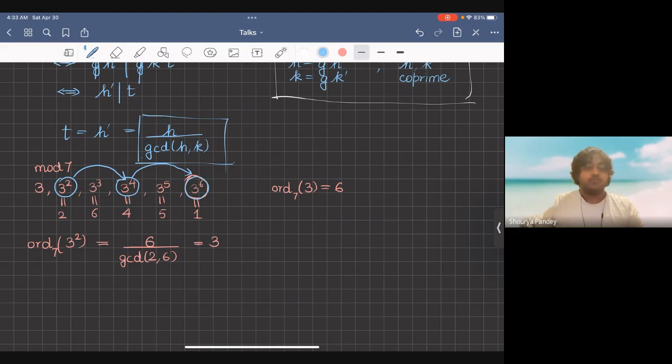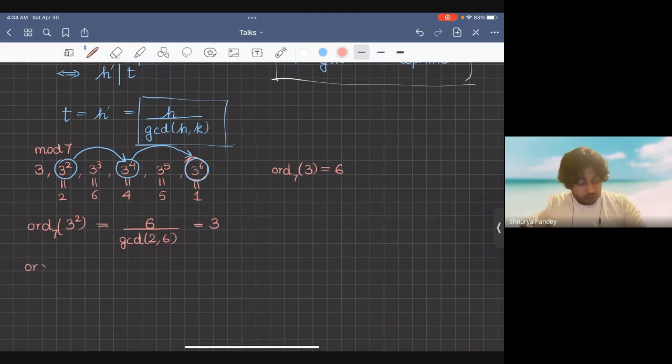So the order is just 3. Similarly, the order of 3 to the 4 is a little more non-trivial. Since 2 is a factor of 6, it's sort of obvious we'll just divide by 2, but here this is also 3. We can view this in a similar manner.